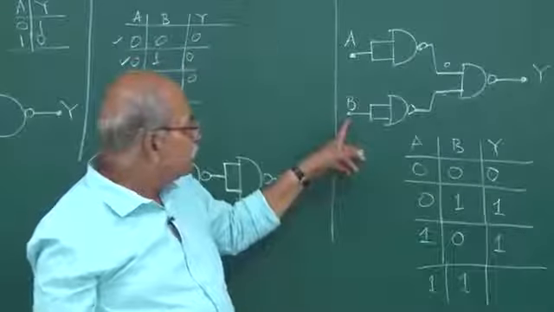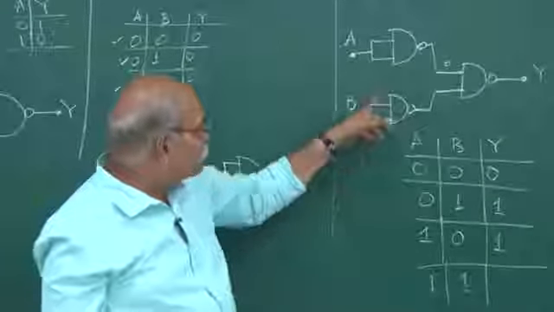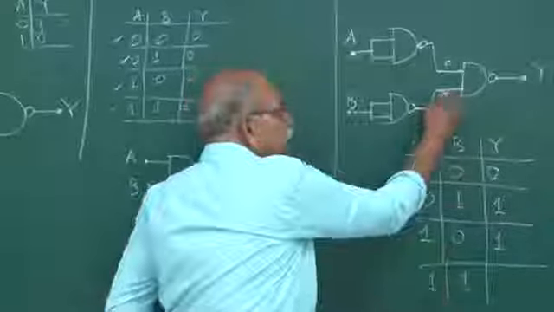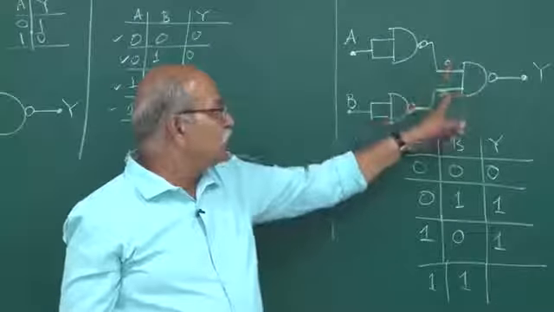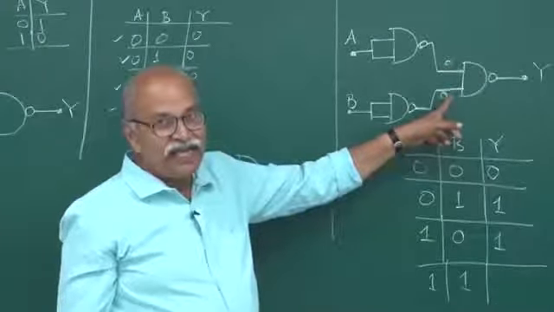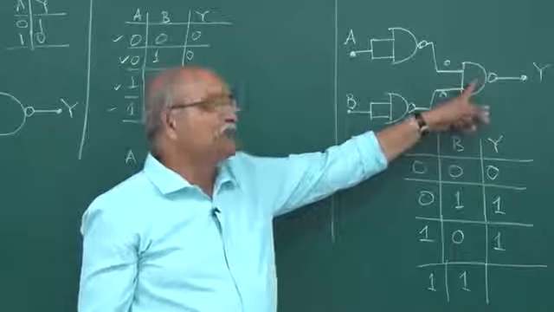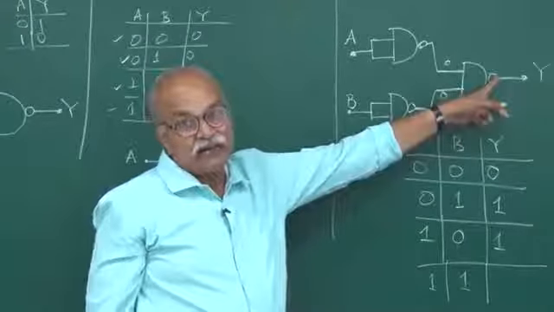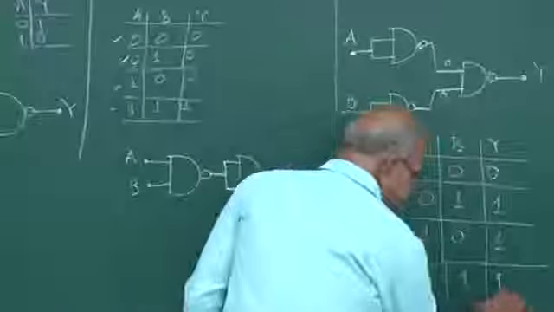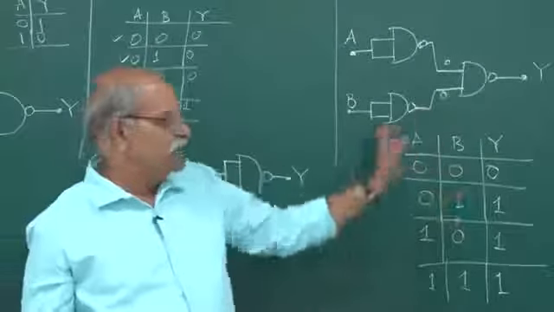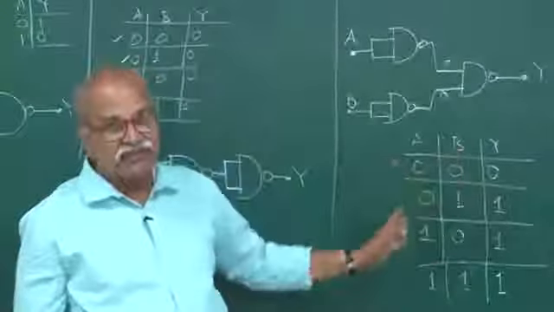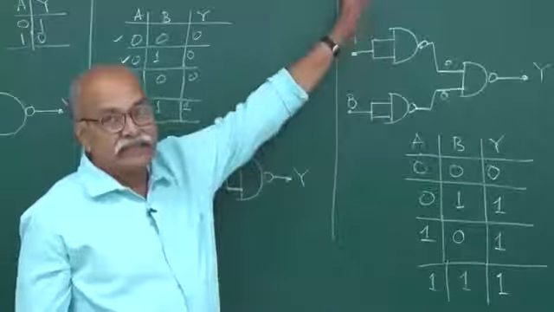And then here it is 1, so this was 0, this will also be 0, and 0 and 0, 0. AND of 0 will be 0 here, and not of that will be 1 here, so it is 1. And you can see that this is OR. So this gives me OR circuit.